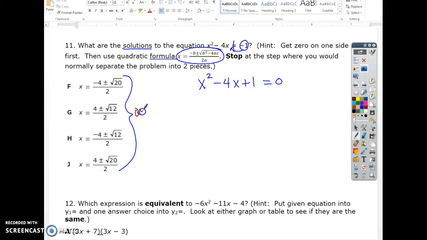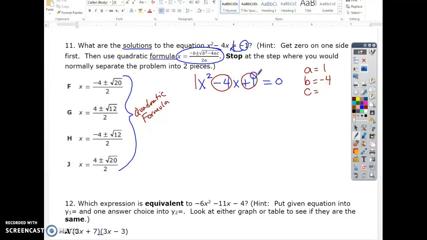This is quadratic. And you know that you have to use the quadratic formula because that's what they look like. So, you have to use A, B, and C. The A in this case is a 1. The B is a -4.